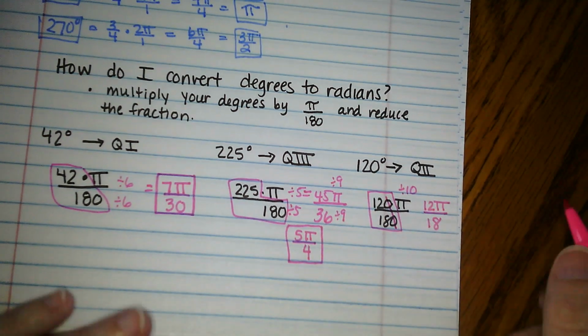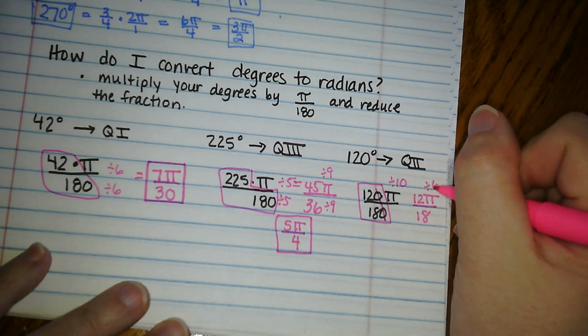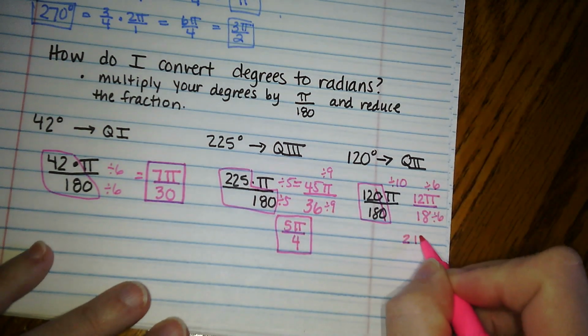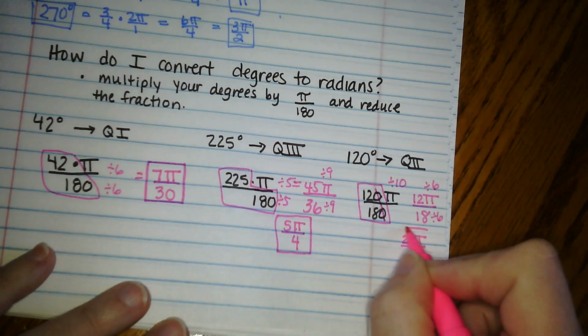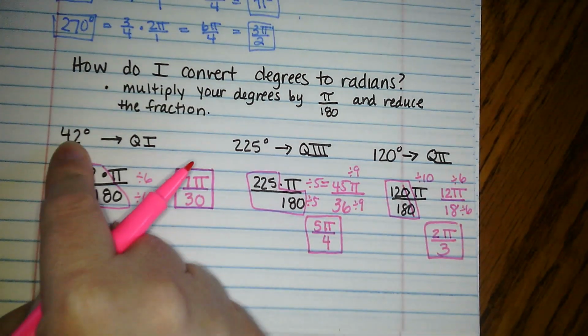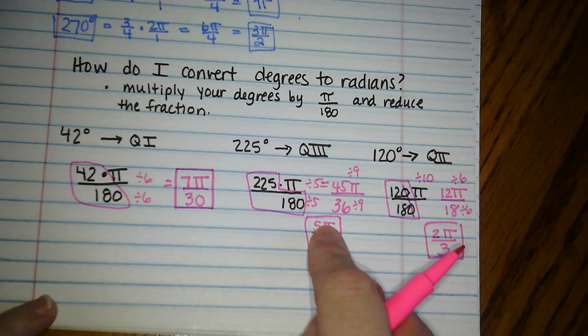Then I can find a common factor much easier, which I believe is 6. So if you divide top and bottom by 6, I would end up with 2 pi over 3. And this is my final answer. So this is how you convert regular old degrees into radians.